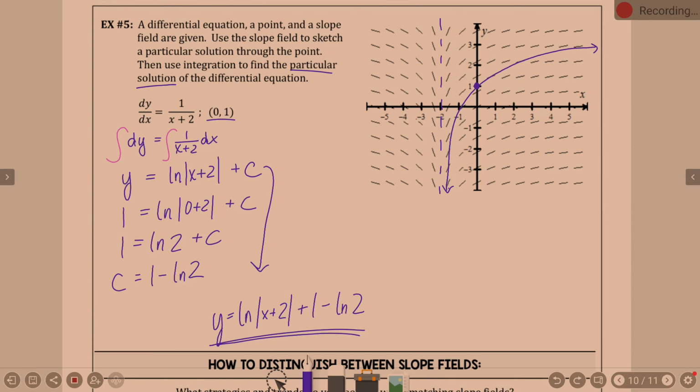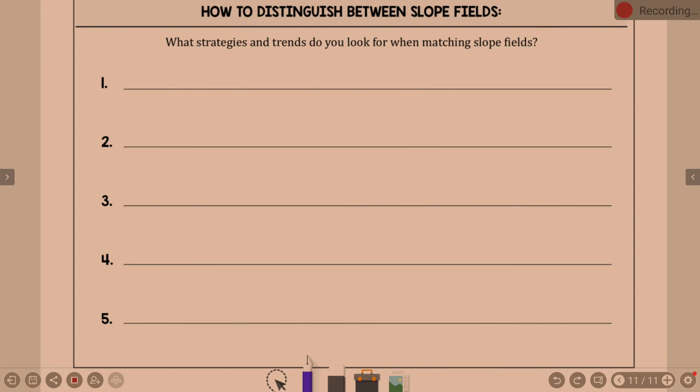So the last part is just some strategies, tips of how to distinguish. Tips and tricks there. What strategies and trends to look for. So one thing we talked about was if dy/dx has x only.